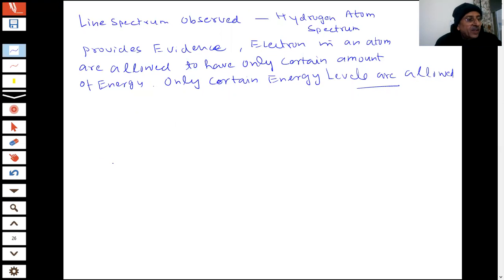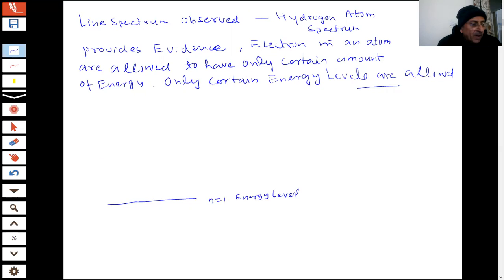For example, if I say something like this, students, that certain energy levels are allowed means what? What we are trying to say is that, if I show it by lines like this, supposing this is n equal to 1 energy level, in this electrons can live.